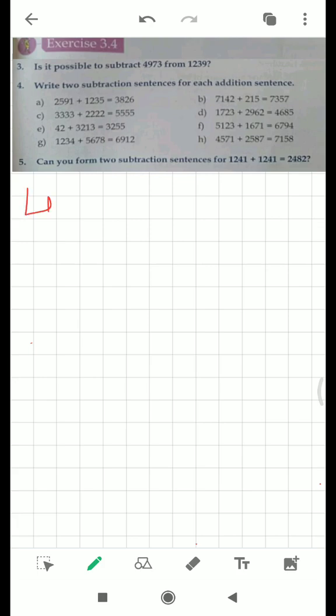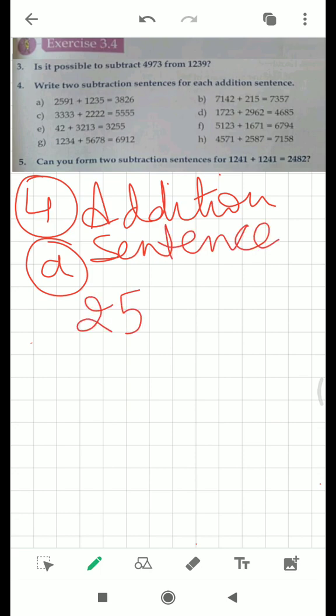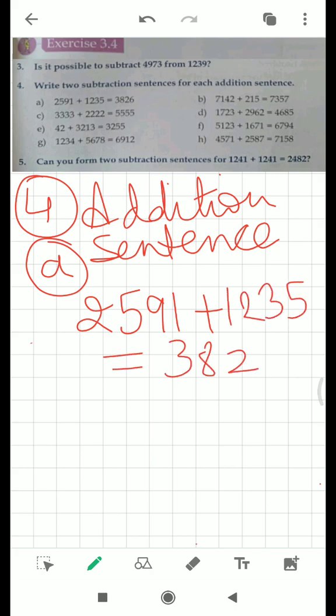Question number 4, A part. First write the addition sentence. That is 2,591 plus 1,235 equals 3,826.